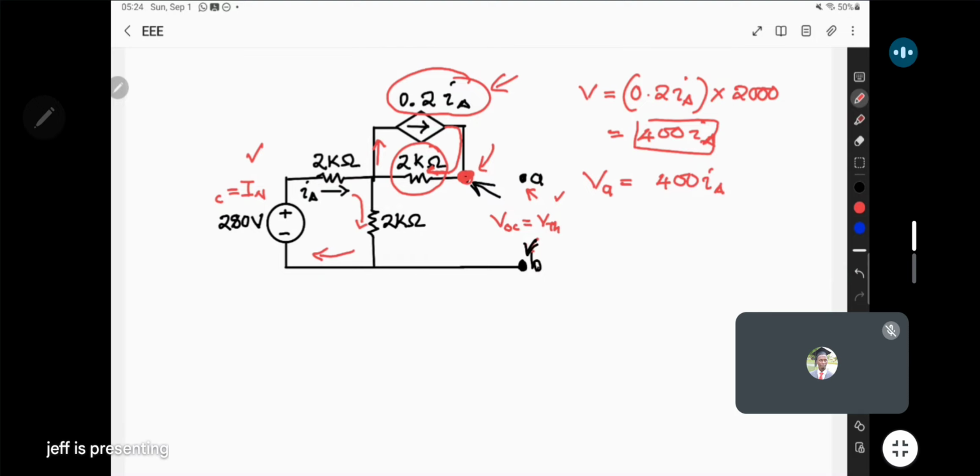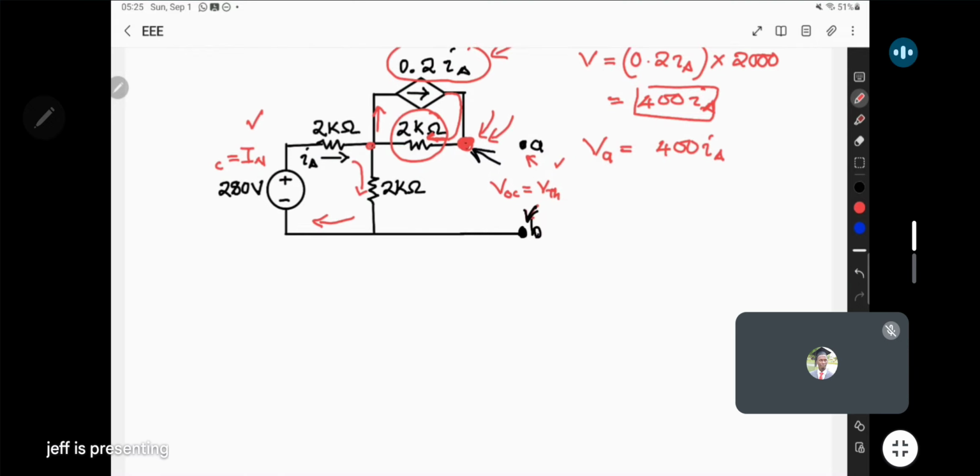But is it the only contributor? No. You see, this power source is also contributing to what the voltage at that node is. Now, remember I said there is no leakage of current to go this side, but that doesn't mean that the potential at this point does not affect what is happening there. It also will affect.